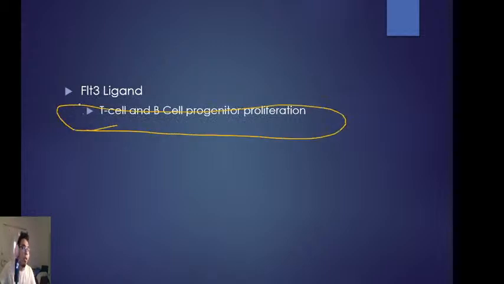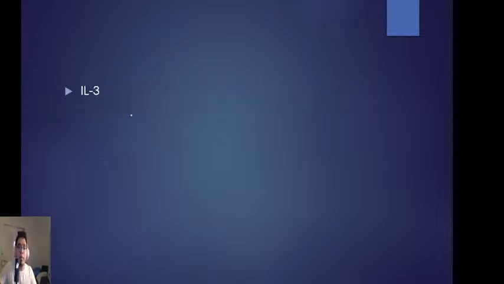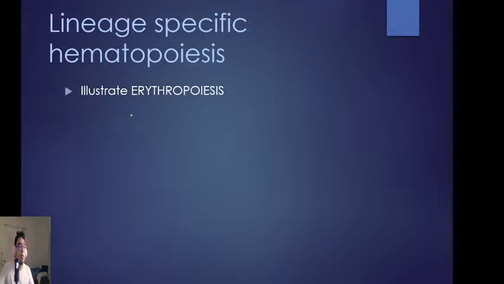You're going to see this in immunology when they discuss lymphopoiesis. Now, the interleukin that is considered a multi-lineage stem cell factor is interleukin 3. Now, lineage-specific hematopoiesis.